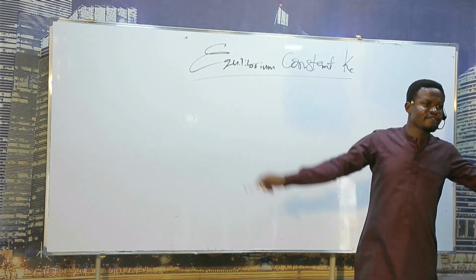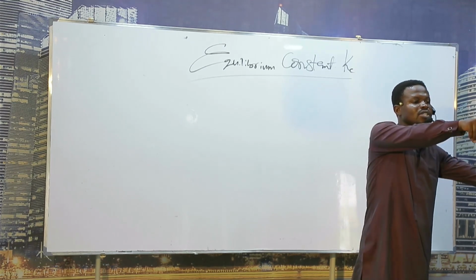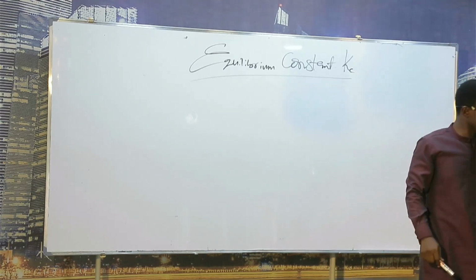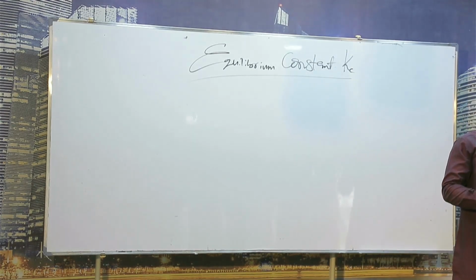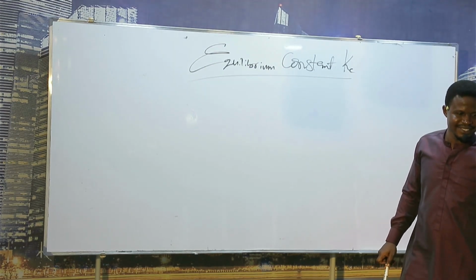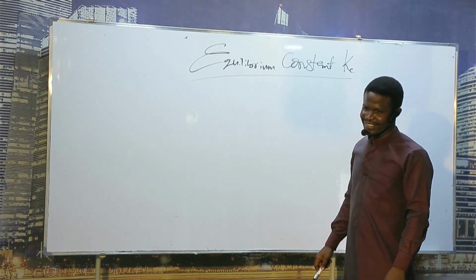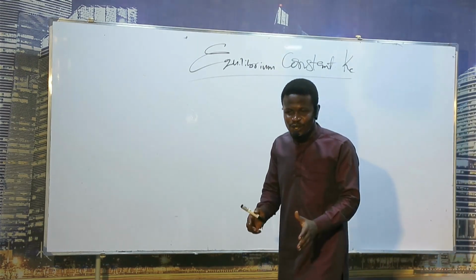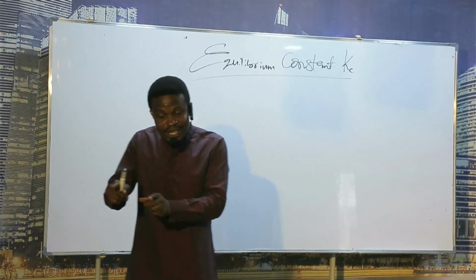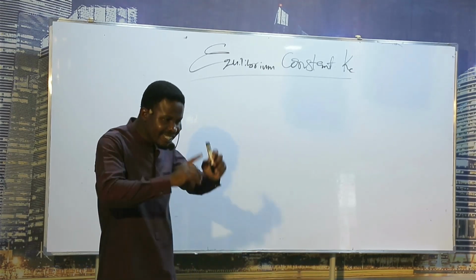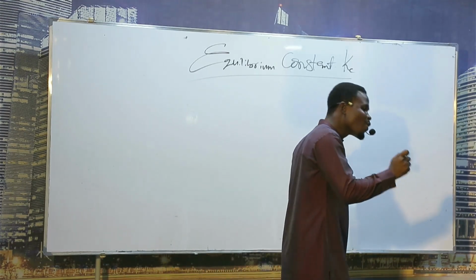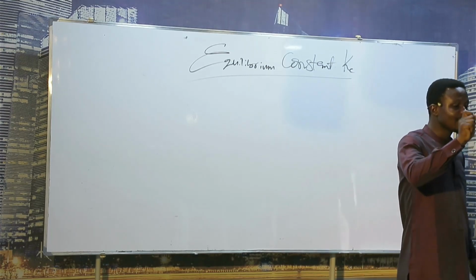Look at the board on your screen. What is equilibrium constant? The ratio of the concentration of the product to the concentration of the reactant, each raised to their respective stoichiometric coefficient at a given temperature.